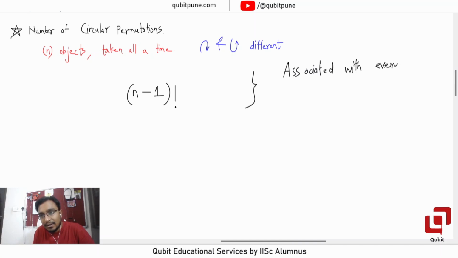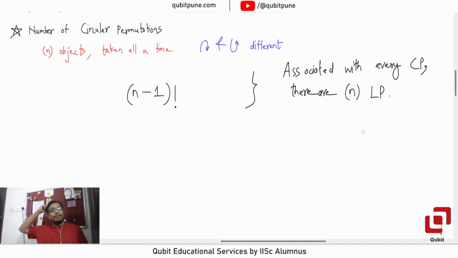Because the number of linear permutations is n factorial, if we divide it by n, then we get the number of circular permutations as n minus 1 factorial if we treat clockwise and anti-clockwise as different.